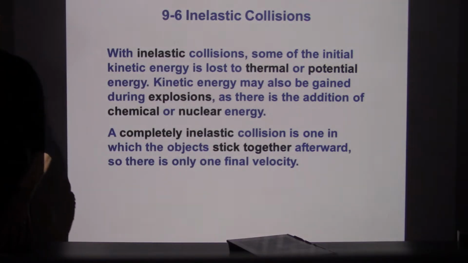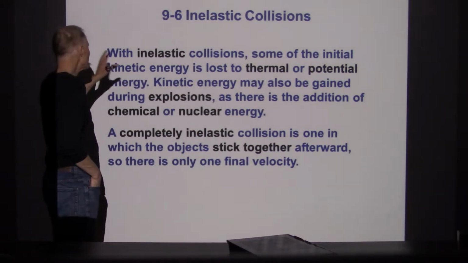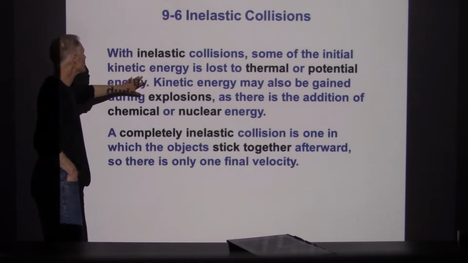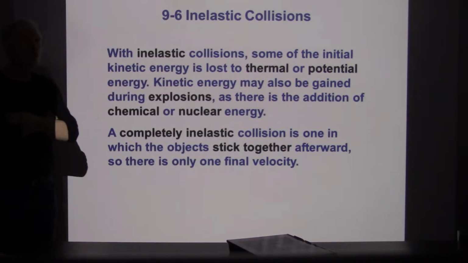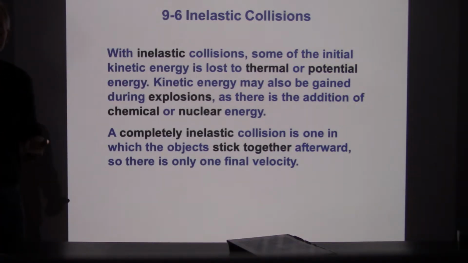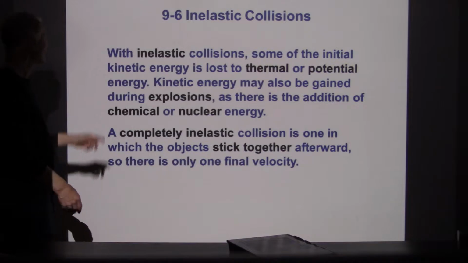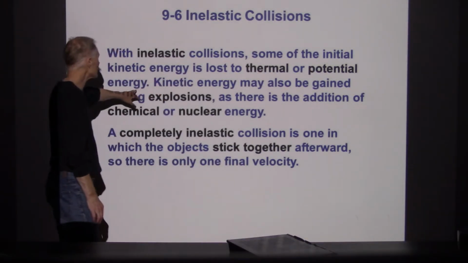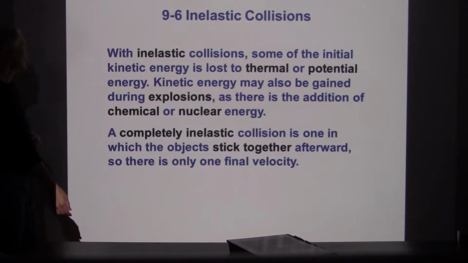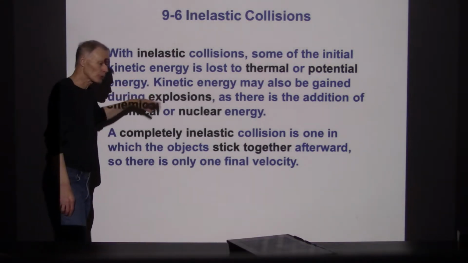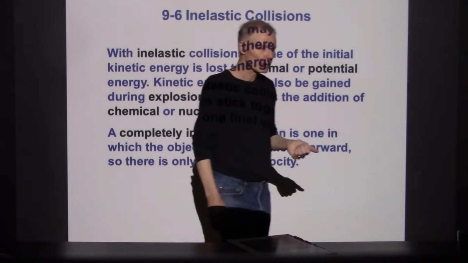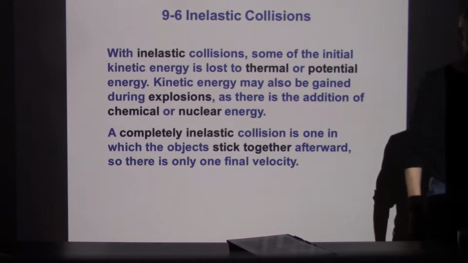All right, now with inelastic collisions, we've been looking at all these elastic collisions. Some of the initial kinetic energy becomes thermal, so we don't have as much kinetic energy after the collision. The energy gets lost to thermal or possibly potential energy. Kinetic energy after can actually be bigger than initially if there's an explosion.